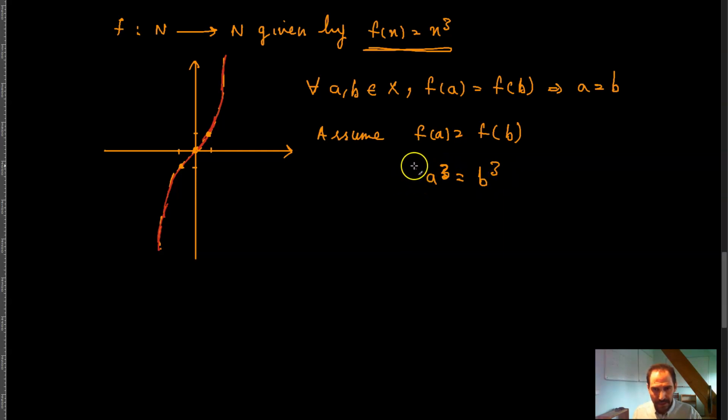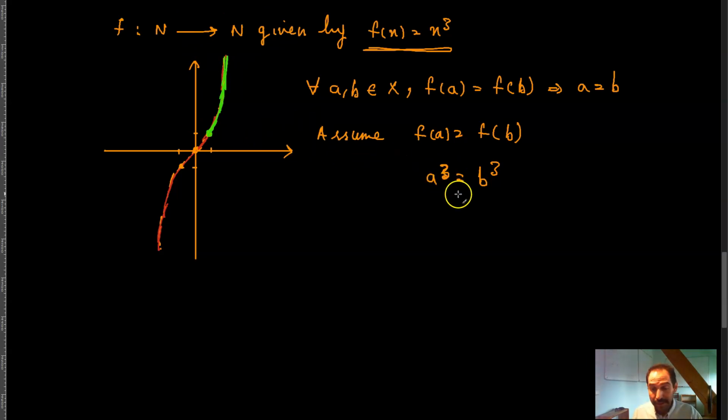Now, since I'm working with the set of natural numbers, the only part that we are working with is this part of the function. The rest of the function we are not working with. We are working with all the x's greater than or equal to 1 and all the y's greater than or equal to 1. That is the set of natural numbers.